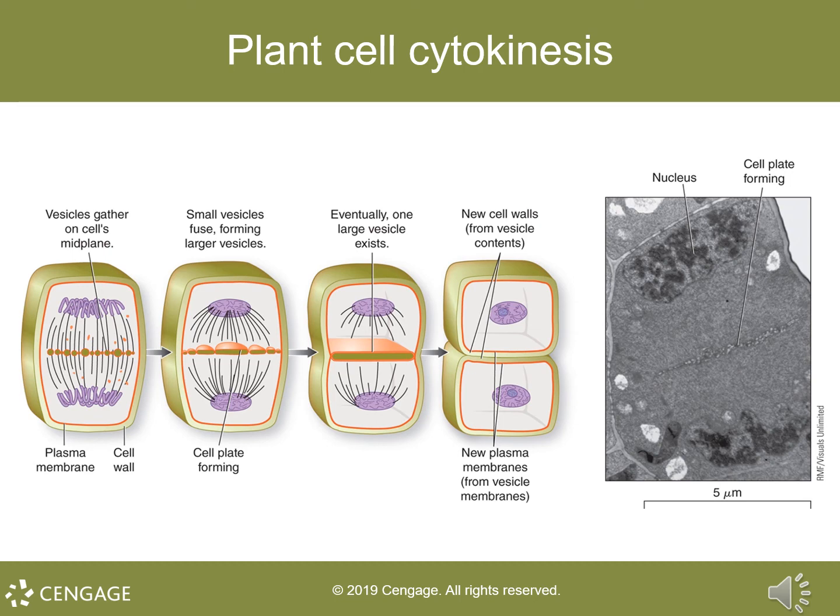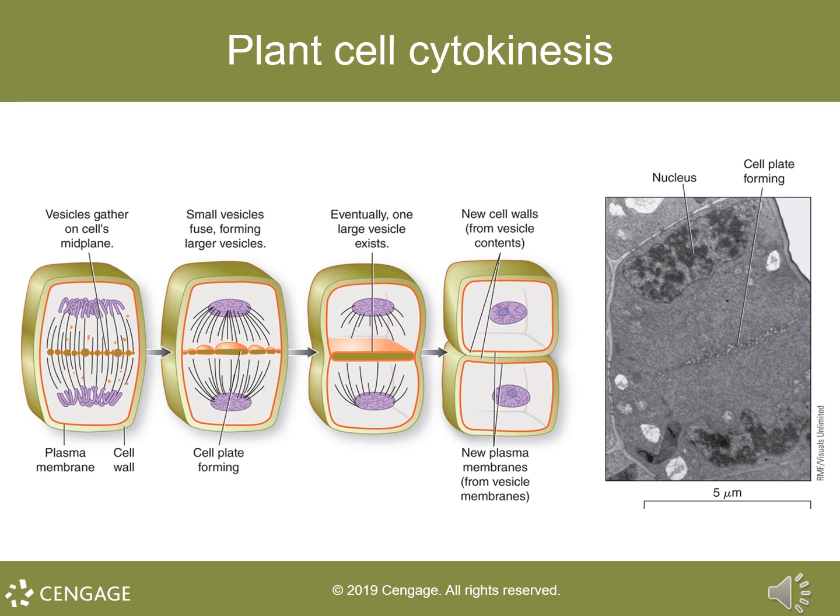During telophase, we'll start to see that these vesicles gather on the cell's midplane. And these vesicles start to fuse, forming some larger vesicles. And then eventually there's one giant vesicle going all the way across. And that ultimately becomes a new cell wall from those vesicle contents.